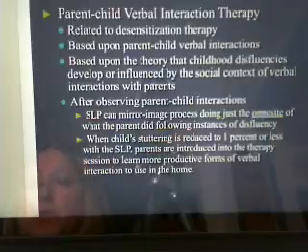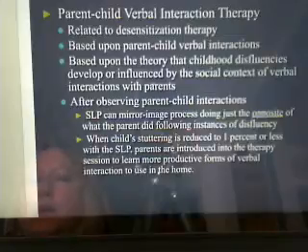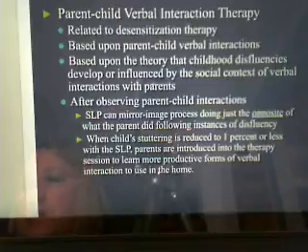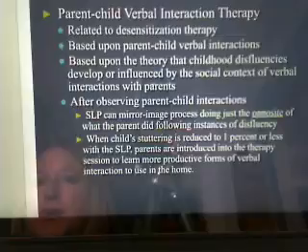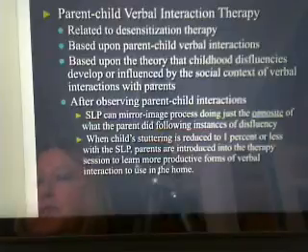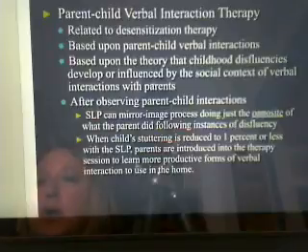So as I was mentioning before, if a parent does have some interaction styles which aren't conducive to fluency, then we would model for the parents good interaction styles, and activities in which we see the child have more fluency, activities that are a slower pace, less pressure to speak, and less stressful.